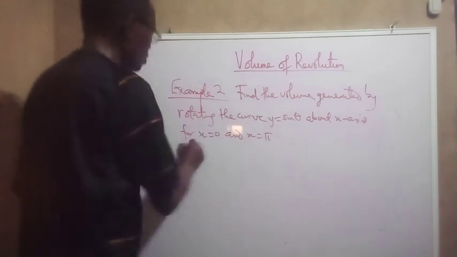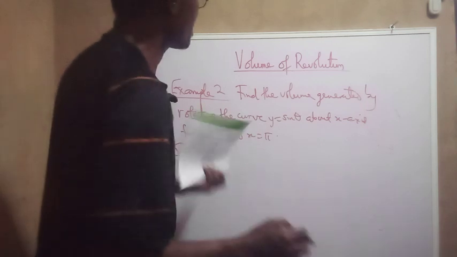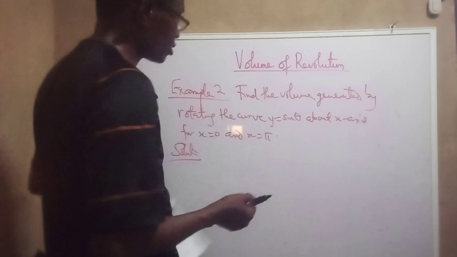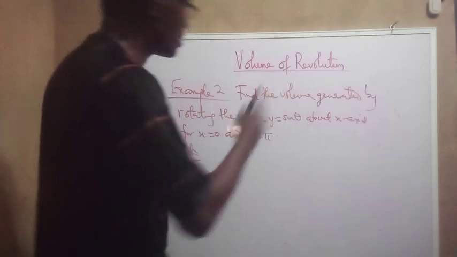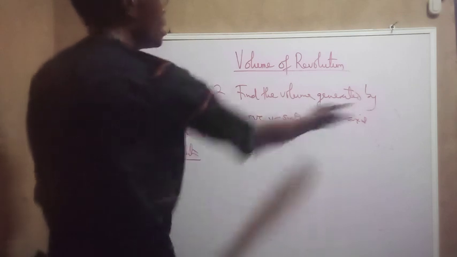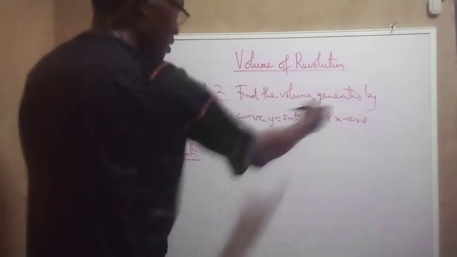Beautiful. So how do we solve this? This time around, let us use this method, because basically we want to see how the volume of a curve can be rotated about the x or y axis. But this time, we want to consider it about the x-axis.